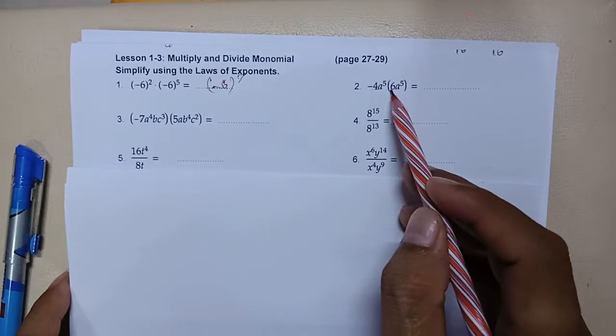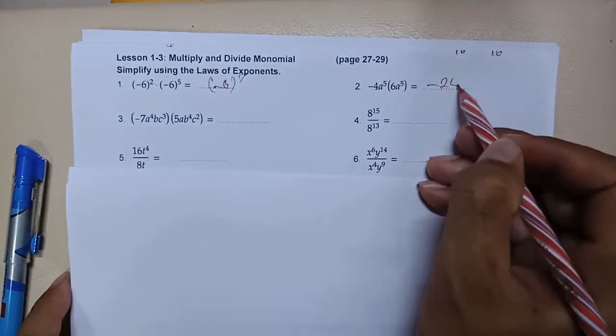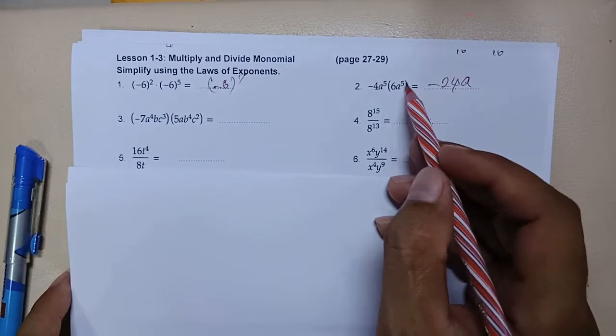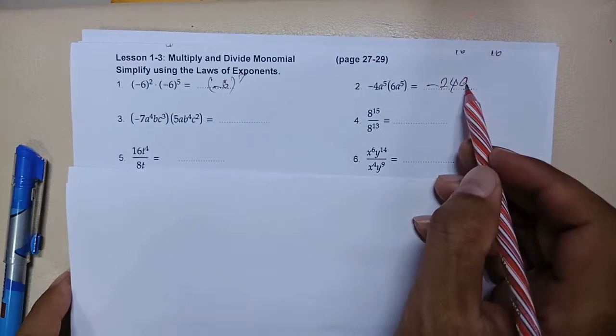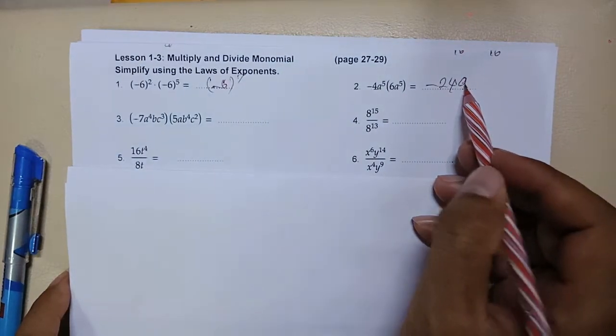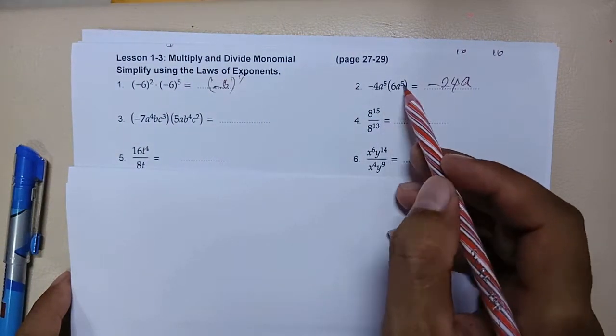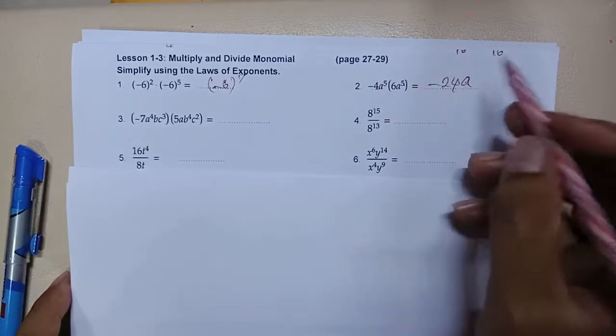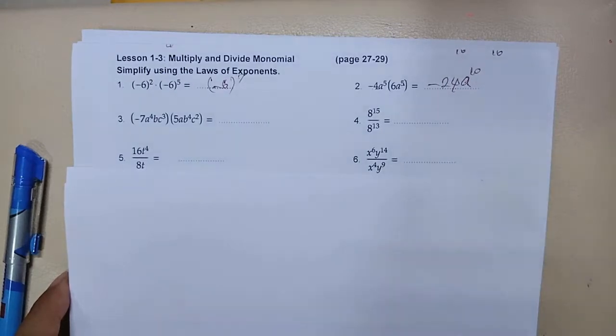Negative 4 times 6, you have negative 24. And then a to the 5th times a to the 5th. They have the same base, so write a down one time first. The exponents are multiplied, which means you add the exponents together. 5 plus 5, you get 10.